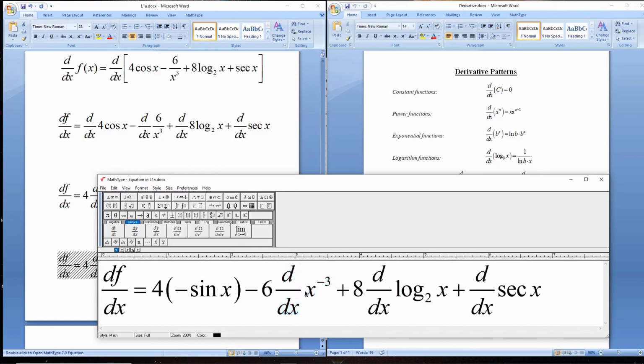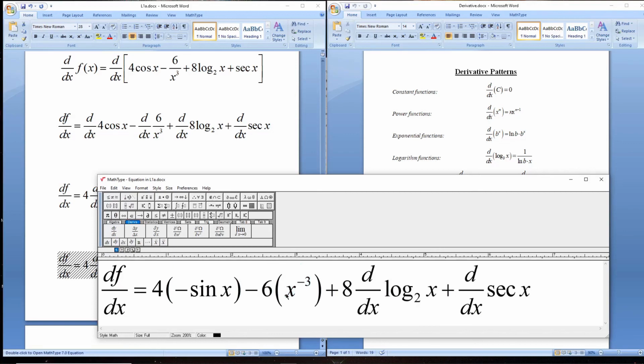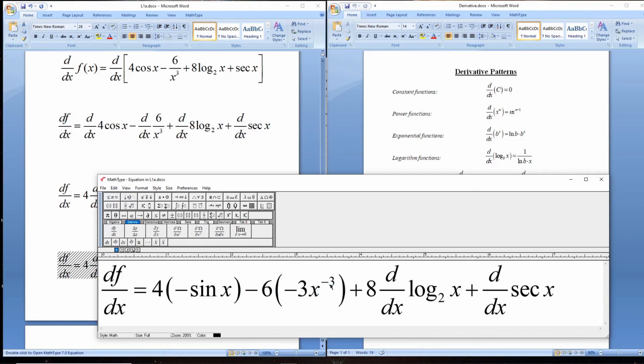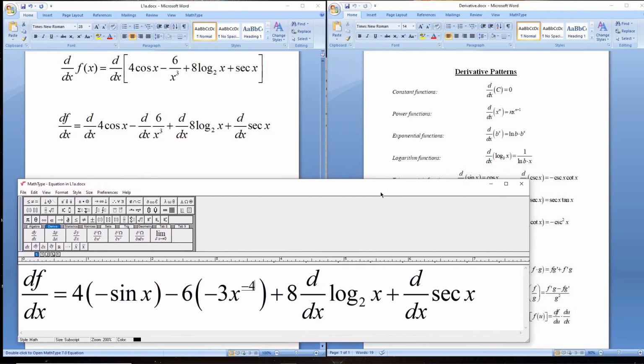And so the minus 3, I'm just going to use the parentheses here because we'll have some minuses here. So the minus 3 drops down, and we subtract 1 from the exponent. So minus 3 minus 1 is minus 4. And that's that derivative. Now if we go to the next one, log base 2, so we'll go to our log pattern here. And the derivative of log base 2 is 1 over natural log of 2.